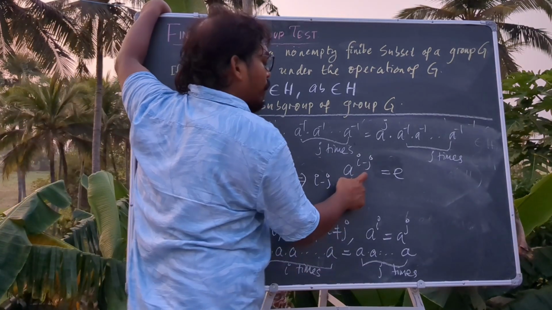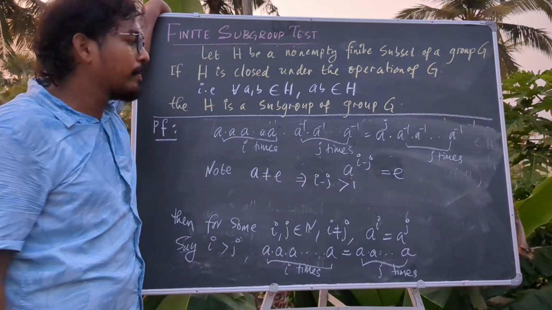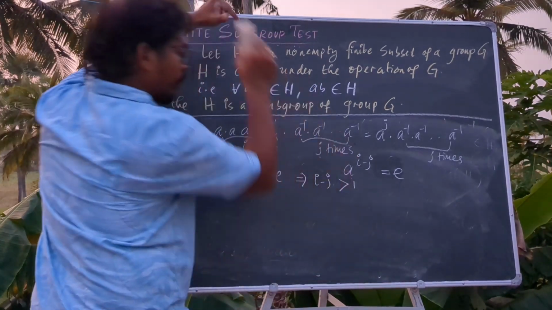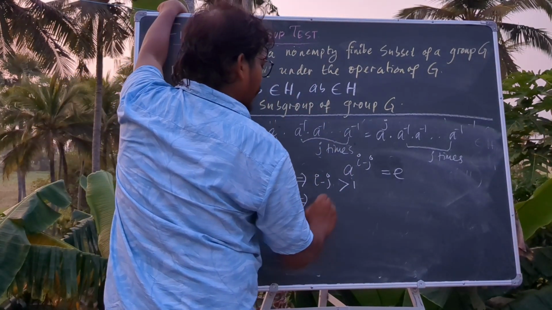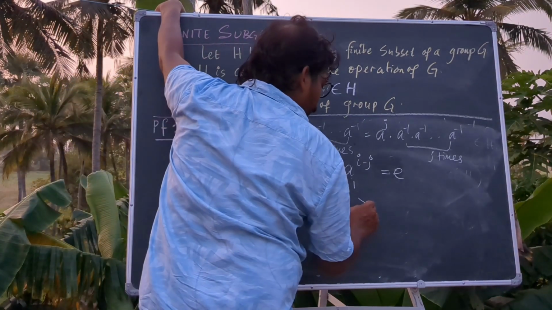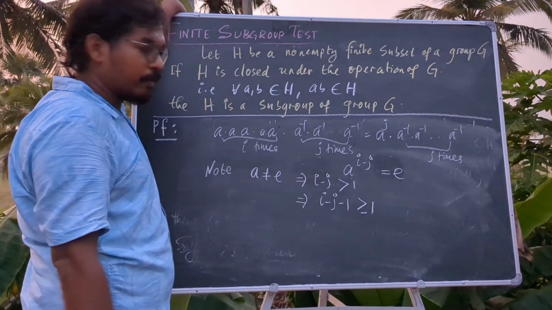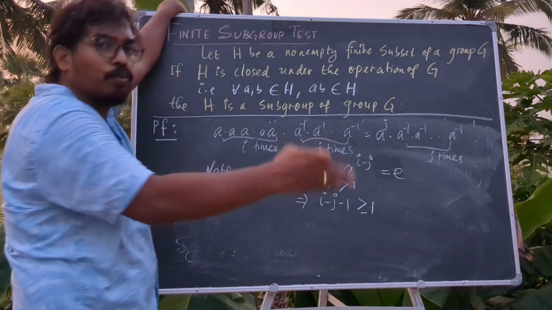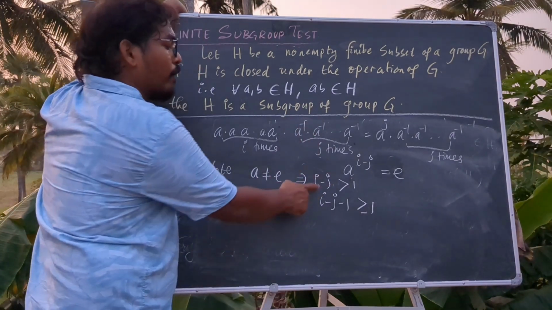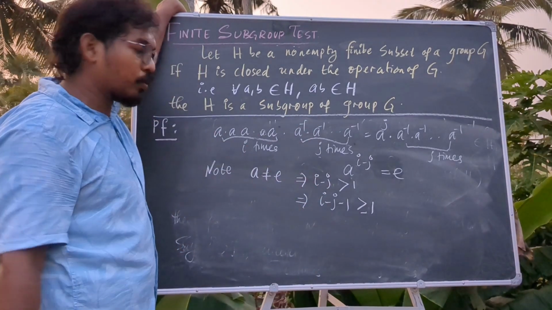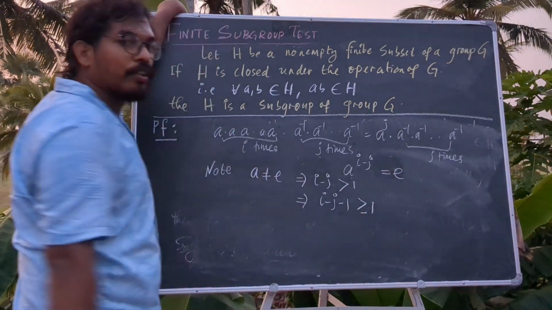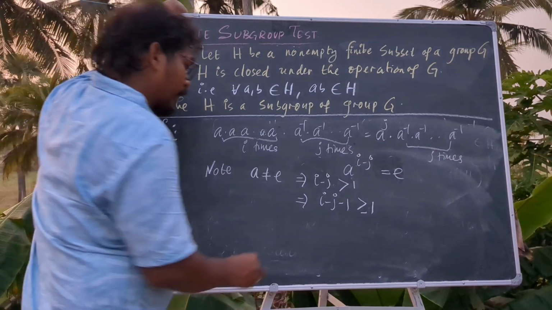But it can't be 1 because a is not the same as identity. If i minus j is bigger than 1, then what is i minus j minus 1? This is bigger than or equal to 1. If i minus j is 2, 3, 4 and so on, and I subtract 1, I will get 1, 2, 3 and so on. So i minus j minus 1 is bigger than or equal to 1.